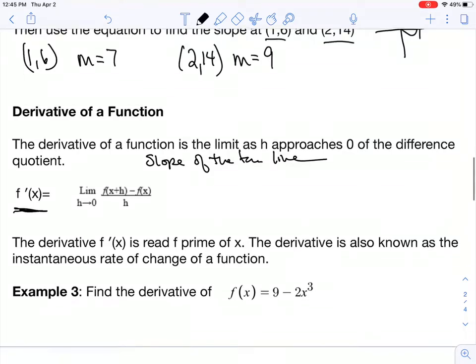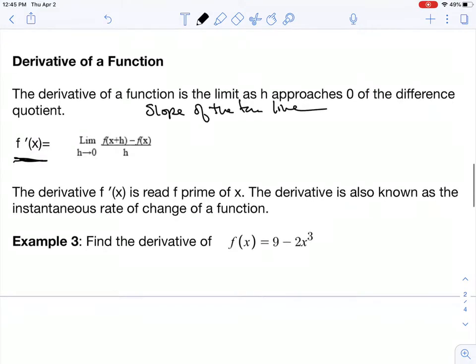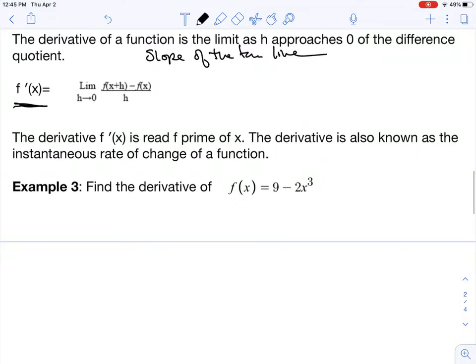Sometimes you'll also see the derivative called the instantaneous rate of change of a function. So if you ever see anything in the question that asks you for the instantaneous, that's going to be the derivative. So let's find the derivative of 9 minus 2x cubed. Again, we're going to do the limit process.